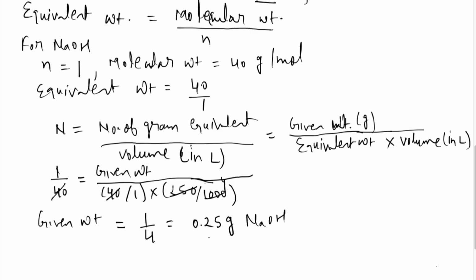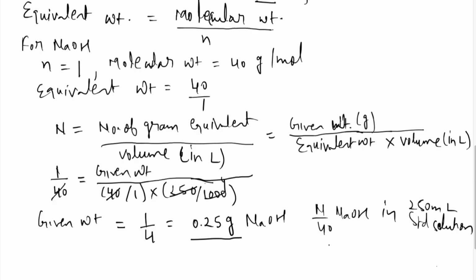So this was about the calculation. That means we have to weigh 0.25 gram of NaOH to make a solution of N by 40 NaOH in 250 ml standard solution. Okay, so this was about the numerical part.